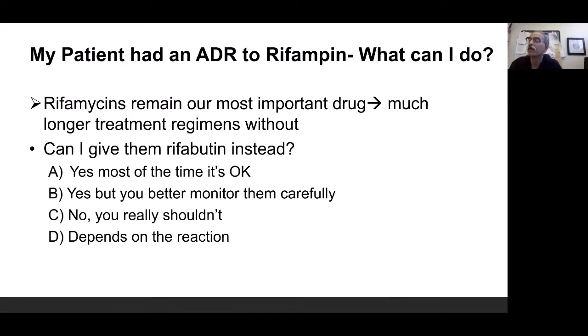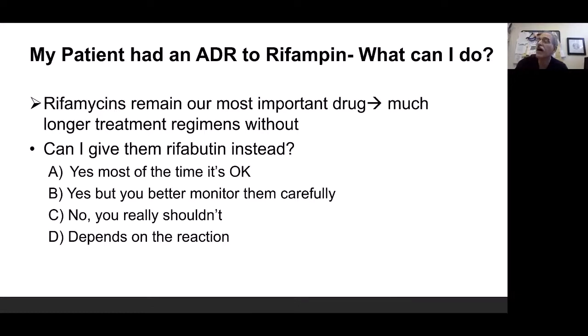So the answer here is really that it depends on what their reaction might be. Some of the rifampin reactions, actually, we're very successful at re-challenging, for example, 70 to 80% of the time with hepatotoxicity and intestinal toxicity. Rifabutin seems to be okay.